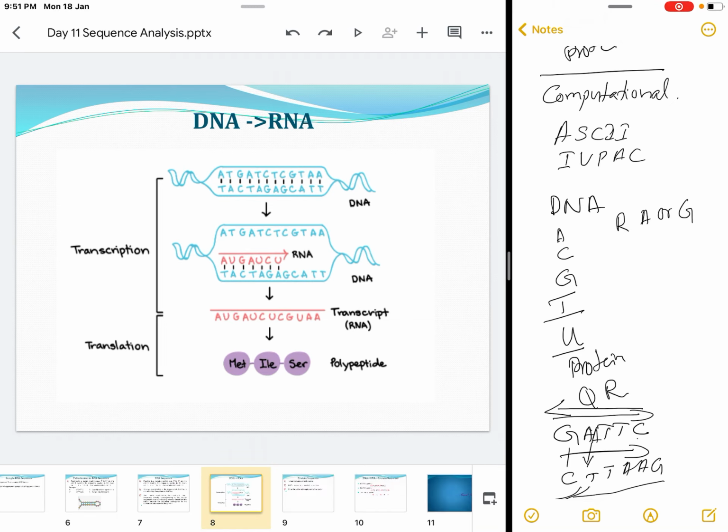Here we can see how a DNA sequence is converted into an RNA sequence.